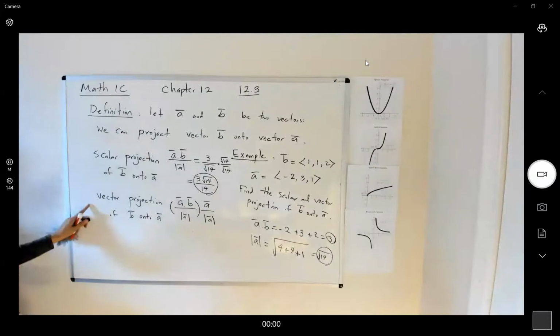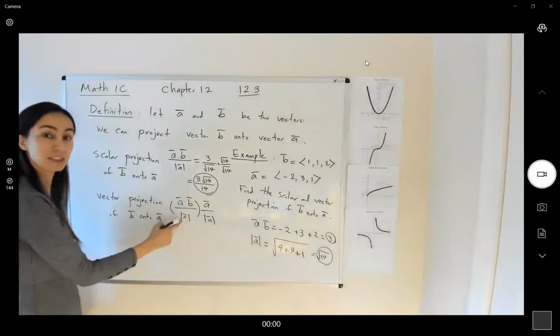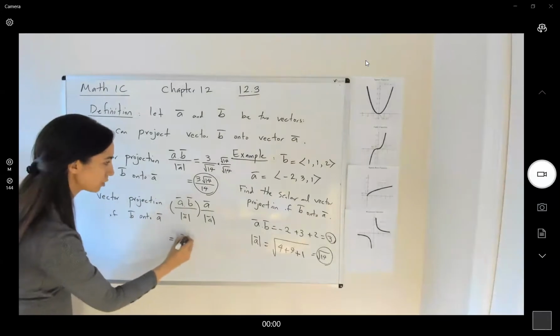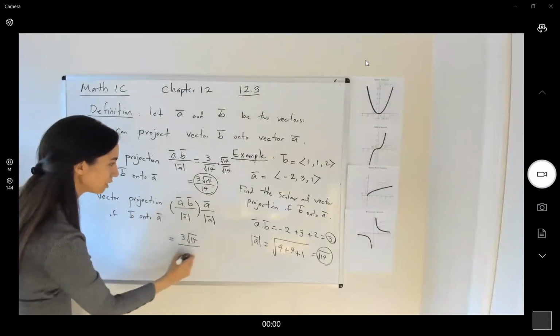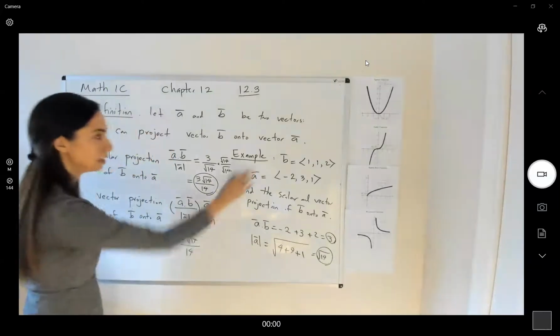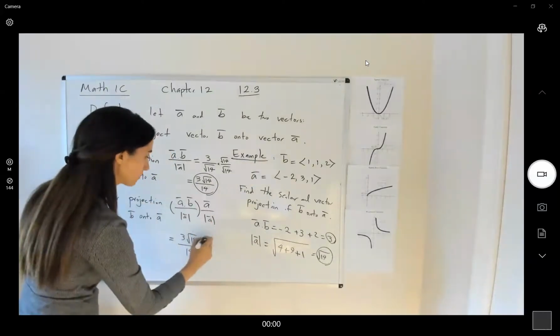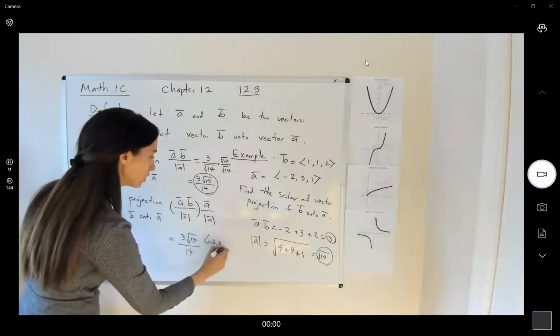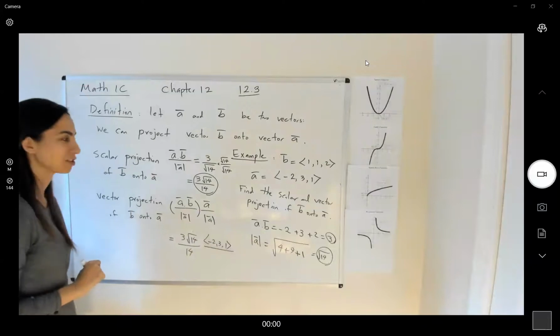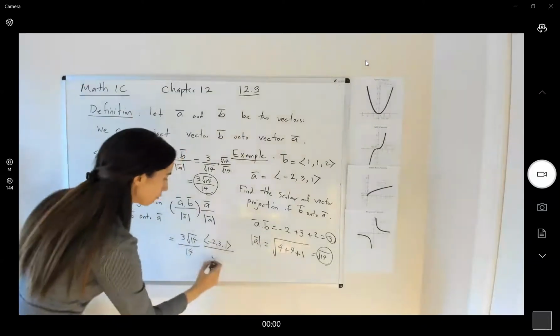Now for the vector projection, you already found the scalar projection. So this is equal to 3 times square root of 14 over 14 times vector A, which is (-2, 3, 1), divided by the magnitude of vector A, which is equal to square root of 14.